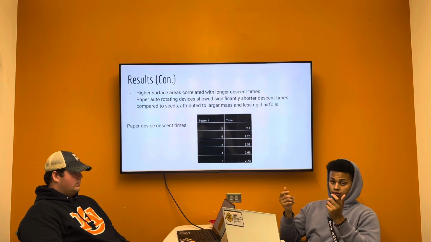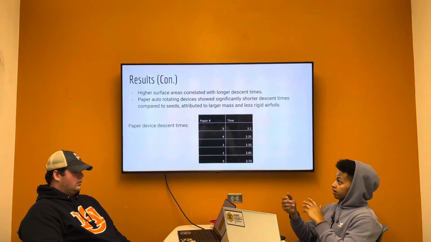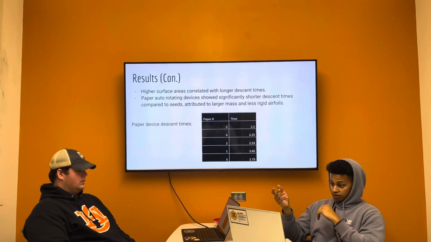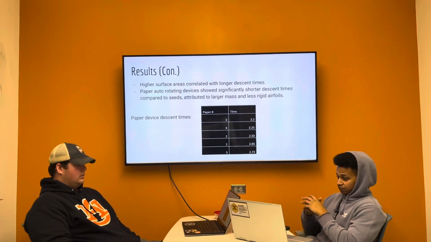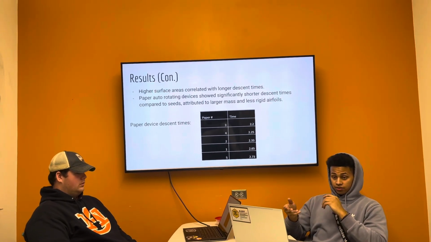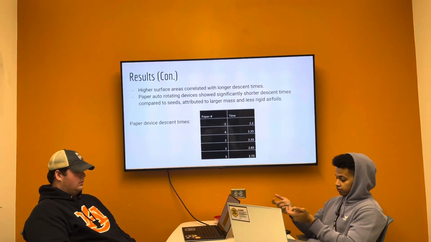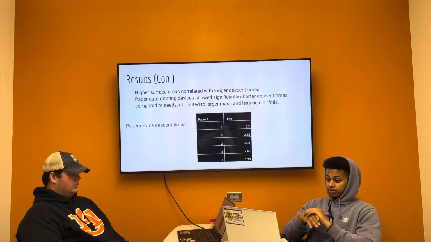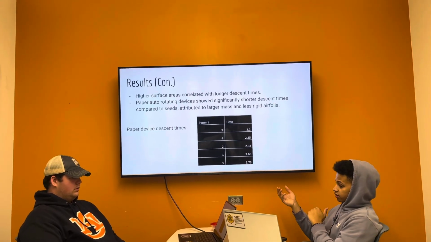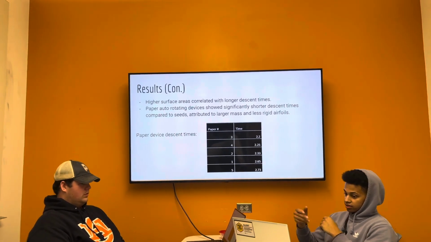There seems to be a little correlation between the assumed factors and pi products and the time of descent, which is why the surface area was chosen to be calculated in the first place. The surface area appears to have the most correlation with time of descent, with higher surface areas having higher times of descent.